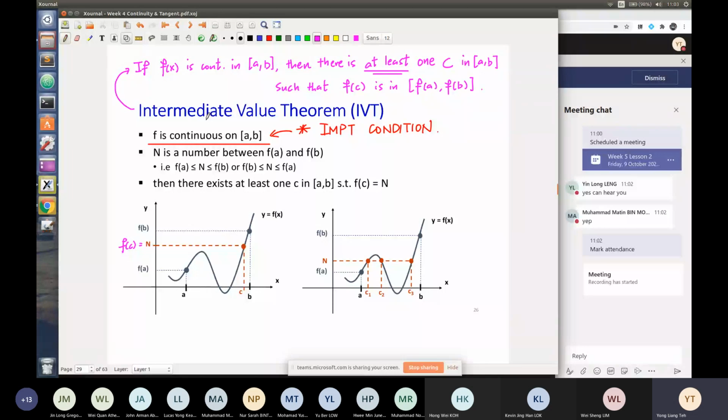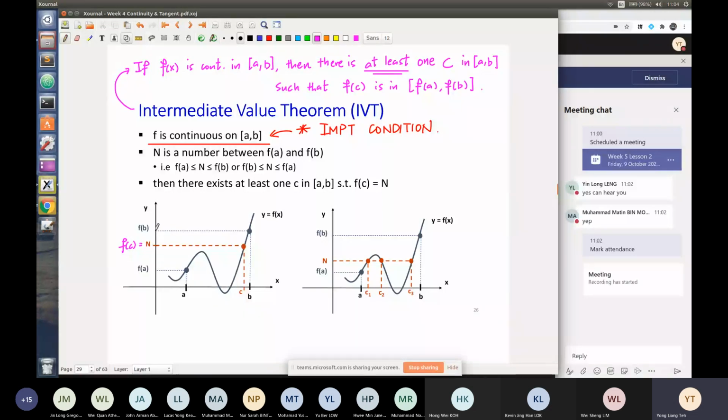This IVT makes use of the continuity condition and states that if you have a continuous function on a closed interval a to b, then it is intuitively clear that your function value must pass through every single value from f of a to f of b.